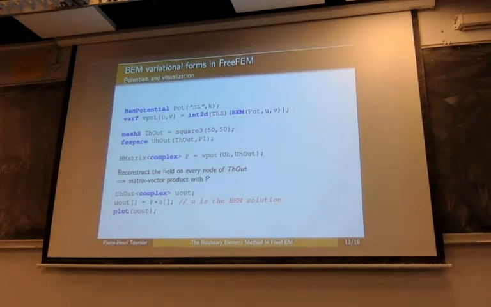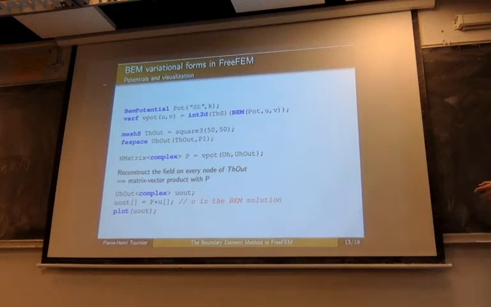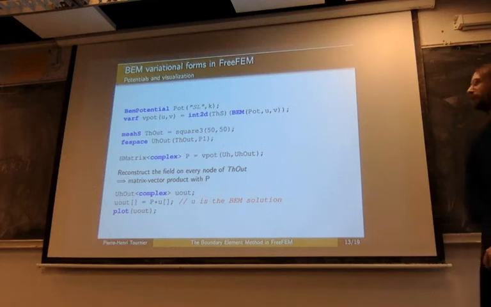Alright. And now if you want to visualize the solution and reconstruct the solution in the domain, you need to define this. This is another kind of kernel that is designed to reconstruct the solution at some points in space from the BEM surface solution.